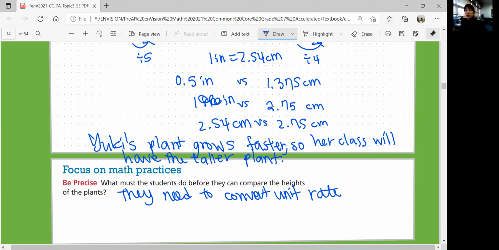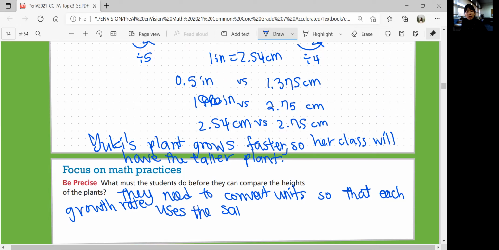You can find the unit rates, but if they're not in the same conversion units, then they need to be matching rates, right? So they need to convert units so that each growth rate uses the same units.